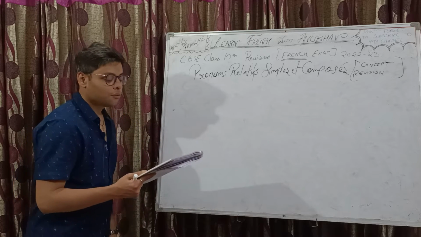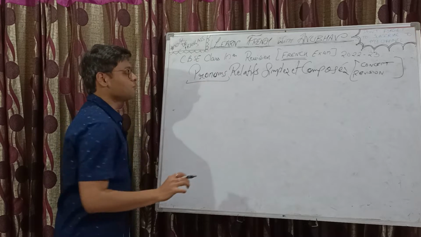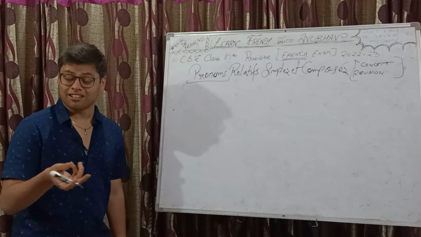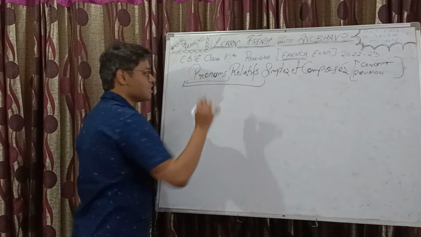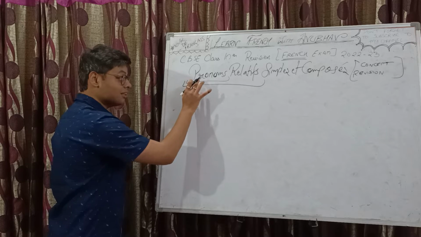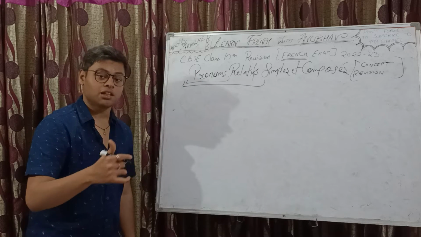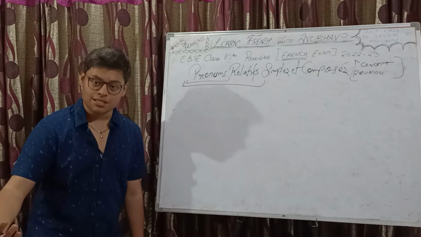Fine. So, first let's understand the meaning of a pronoun. Words that are used to avoid the repetition of a noun, right? That's what a pronoun does. We discussed the meaning of pronoun. What is a relative pronoun? Relative pronouns are the pronouns that are used to avoid repetition of a noun in a phrase or a sentence.